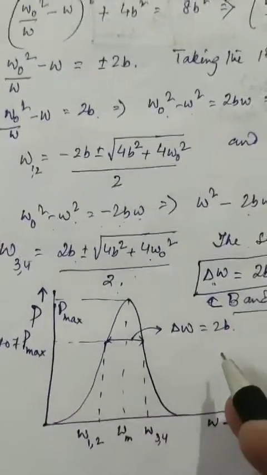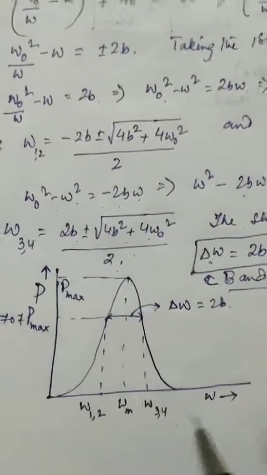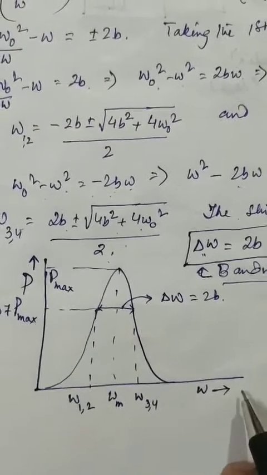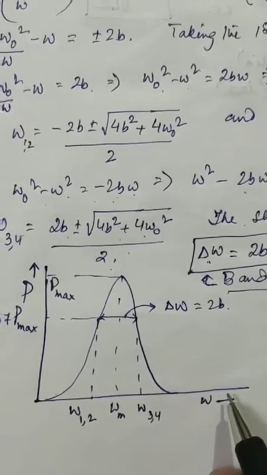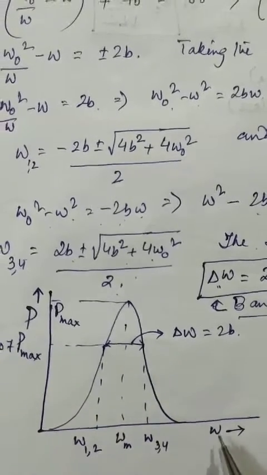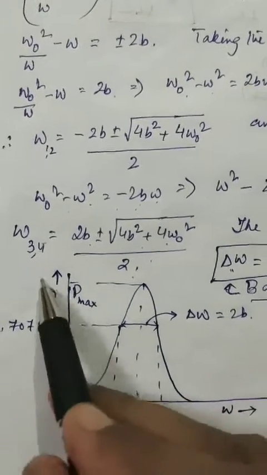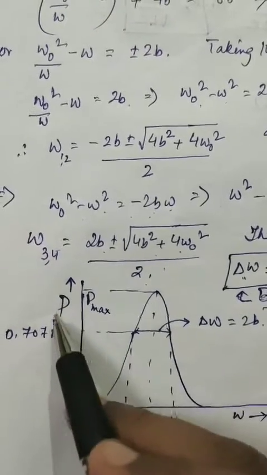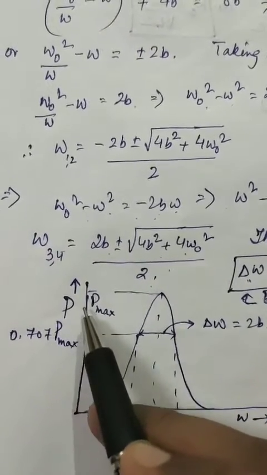So what I want to say is, I have drawn a figure. Look at this figure. This is omega. Remember, omega was the frequency of the applied force. And the y-axis is the power of the harmonic oscillator.